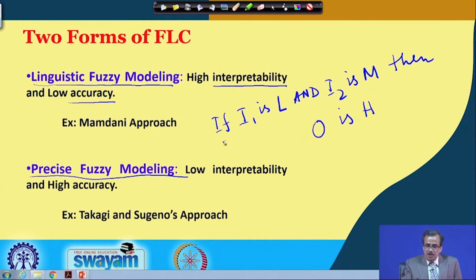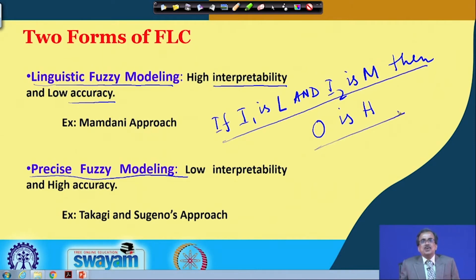The moment I read this rule, I will be able to understand what the control action is. Immediately some control action comes to my mind, that means its interpretability is very good. That means the understandability of the meaning of the output for a set of inputs is very high, and that is what we mean by interpretability of a rule for the fuzzy reasoning tool.